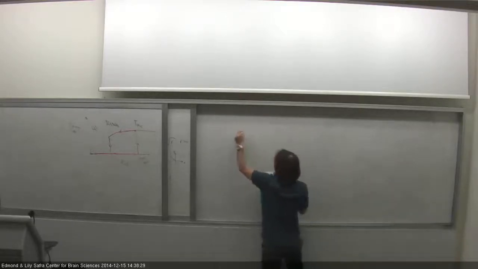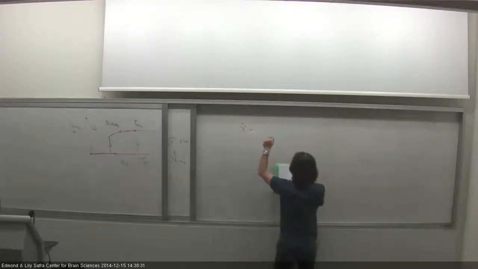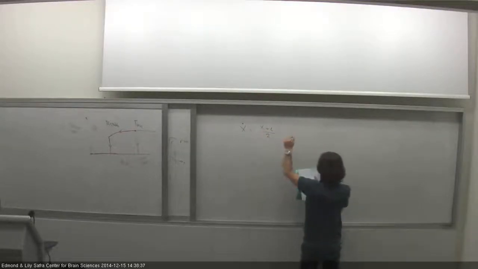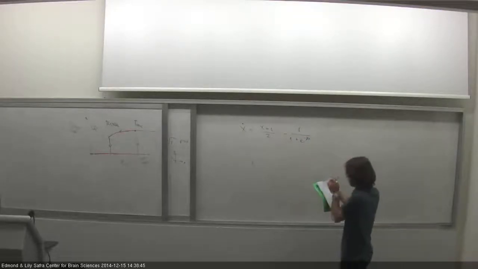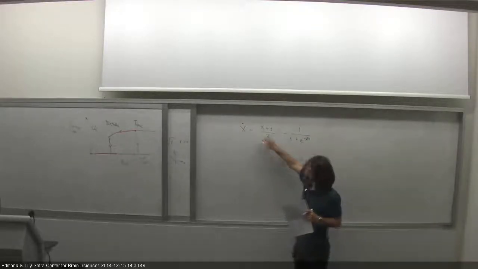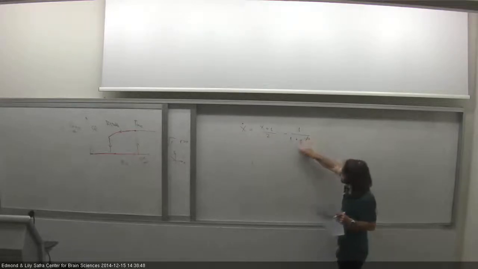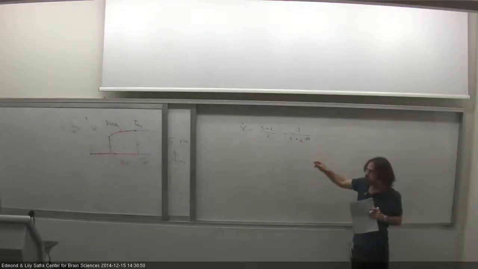I pretty much designed the system to show some point. I have here a linear term, and I have here a term that has an exponent.